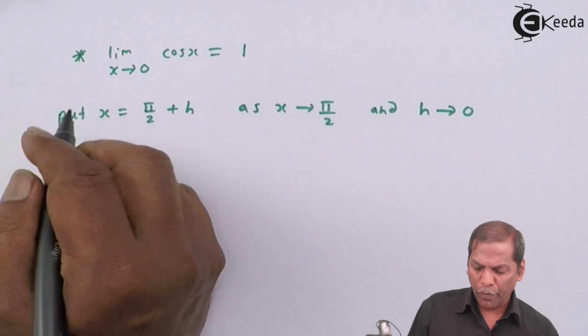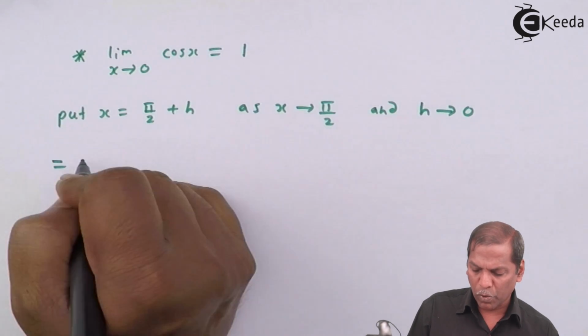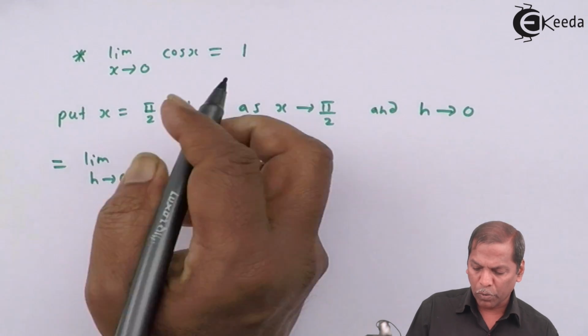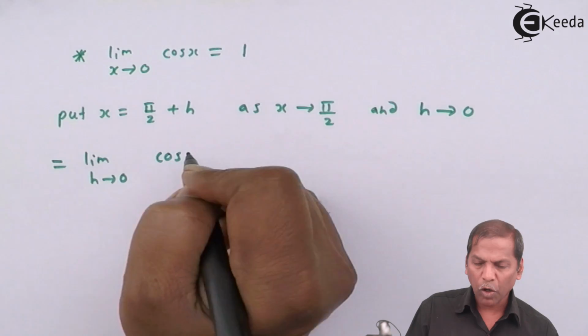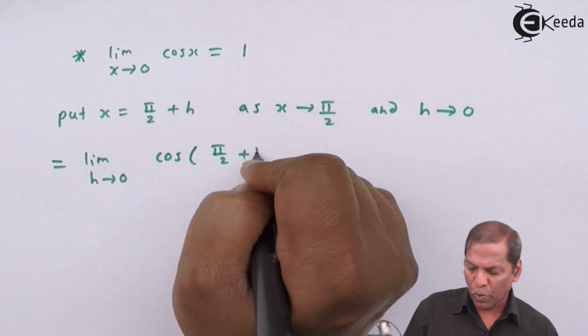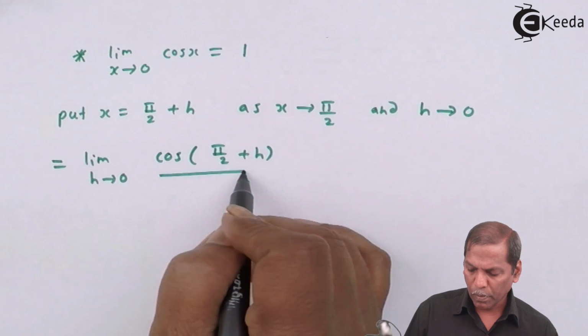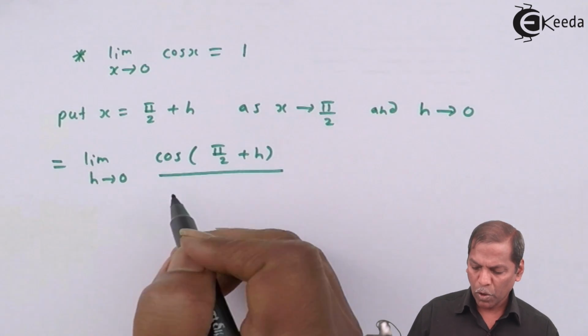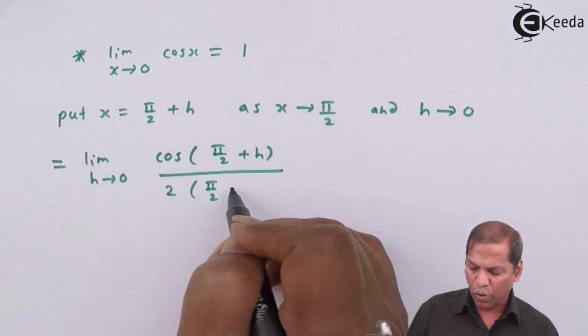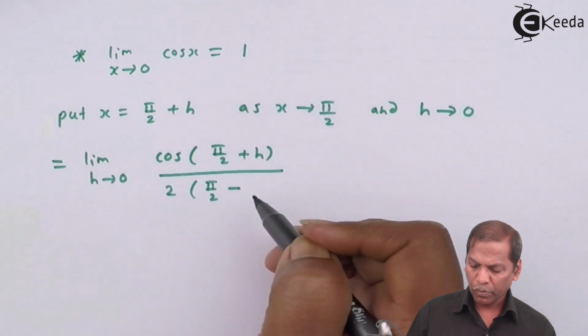So the next step will be equal to limit h tends to 0 of cos in bracket pi by 2 plus h upon 2 bracket pi by 2 minus.